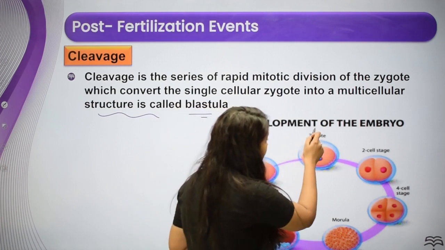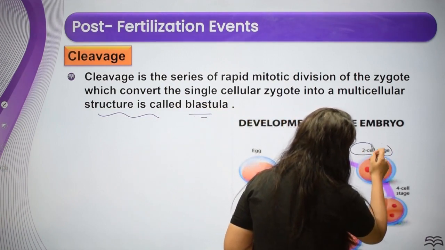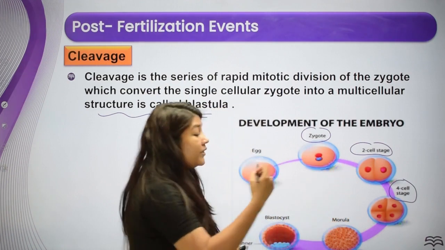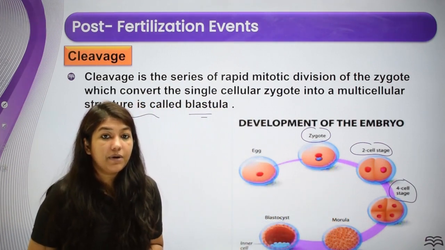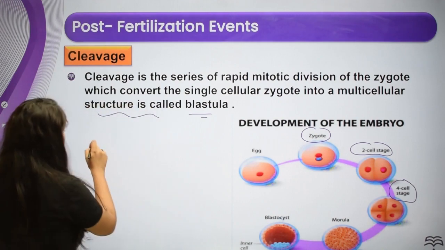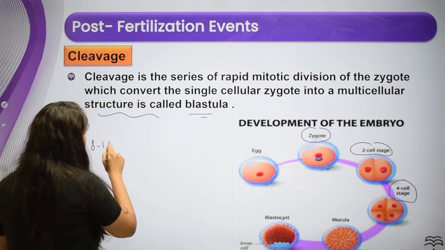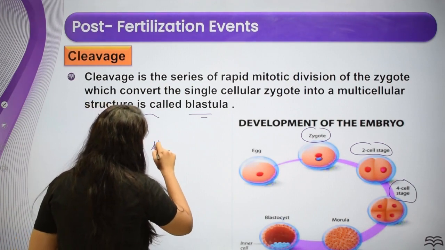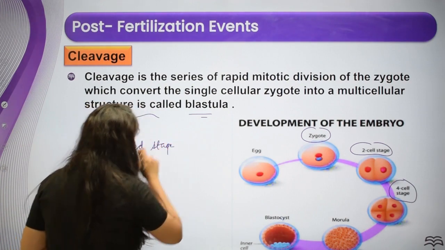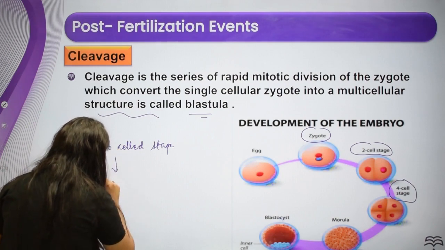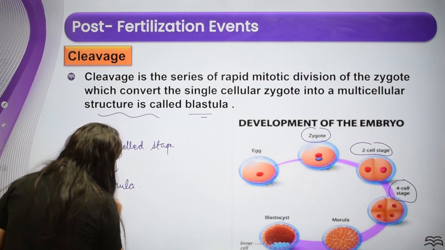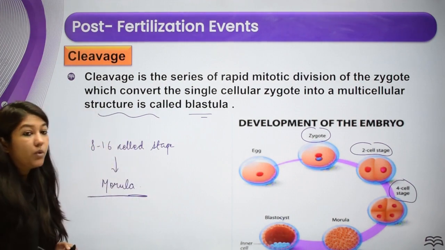See, we had our zygote here, then there is a 2-cell stage, a 4-cell stage, and then further the cleavage process is happening and we are going to reach an 8 to 16-cell stage. And what do we call it? We call it morula.